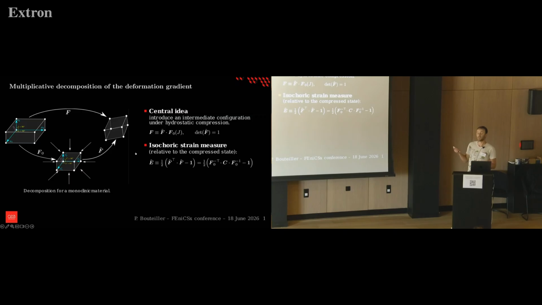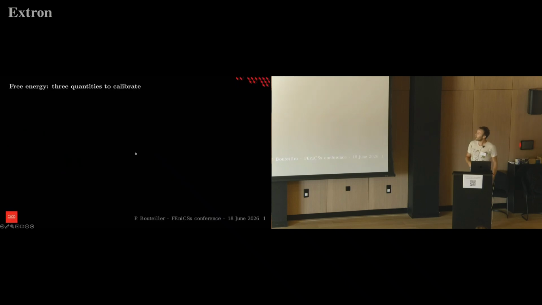It's a fancy feature of the model because the strain measure that you will use in your constitutive laws depends on the material. Each material has a different strain measure to measure the deformation. And the parameter which is small is H, the deviation from the compressed state. And we reused the idea behind Hooke's law, which means we expanded the free energy with respect to H, and not just E, because E is not small anymore. So the linear term is 0 by argument.